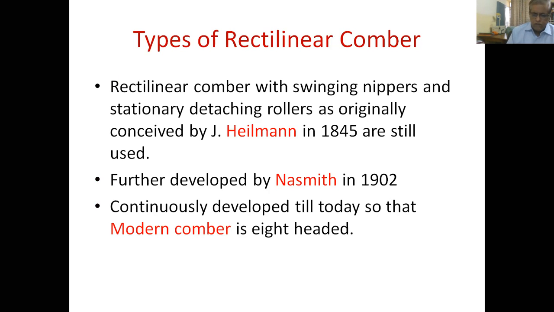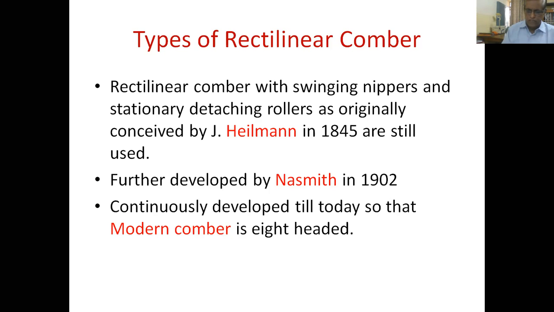As you know, research activity and modernization are continuous processes. Man has always tried to get more production and better quality. That's why so many changes have been made in the comber machine. This machine was further developed by Naismith in 1902, and it has been continuously developed till today.